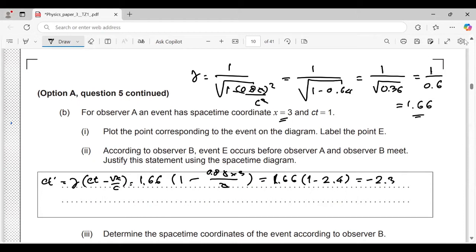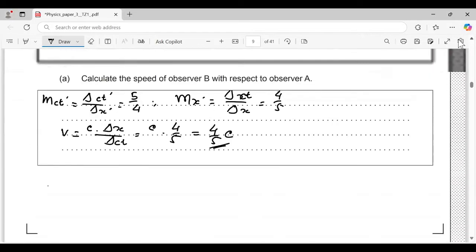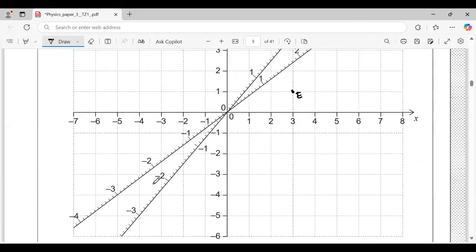So next, on the strike line ct' axis, we're going to find minus 2.3, minus 2.3, this one, minus 1, 2, 3, this one.